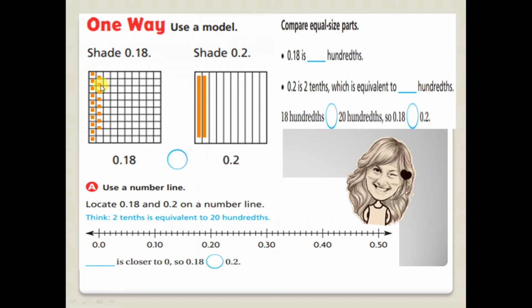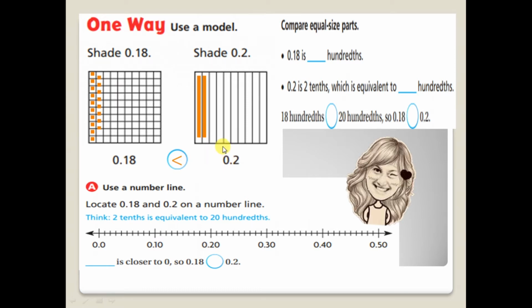So which one is bigger? You can see it clearly by your eyes. This one is way bigger than that one. So in this case, the crocodile will eat which one? Of course, the biggest one. So the crocodile will open his mouth toward 0.2.